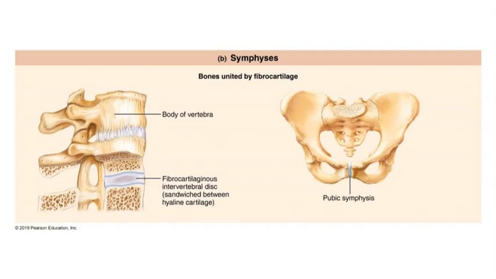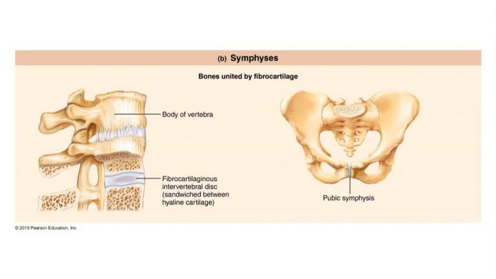Fibrocartilage contains many bundles of collagen fibers, so this is a tissue that can resist both tension or pulling forces as well as compressive forces. Perhaps unsurprisingly, it's found in places where both tension and compression forces are going to be present in the skeleton. It does allow for some movement between the bones because it is a lot less rigid than hyaline cartilage. The collagen fibers within it give it a lot more flexibility.